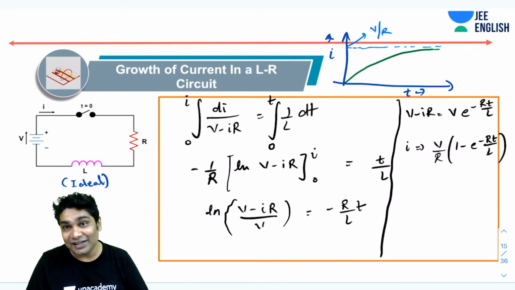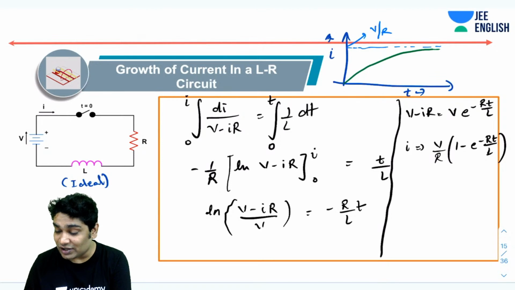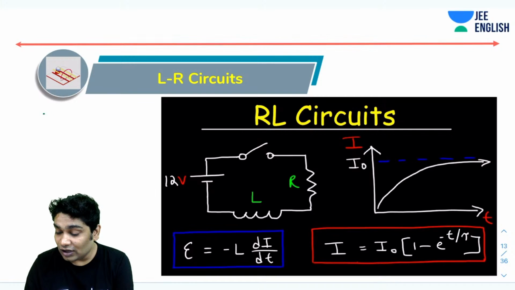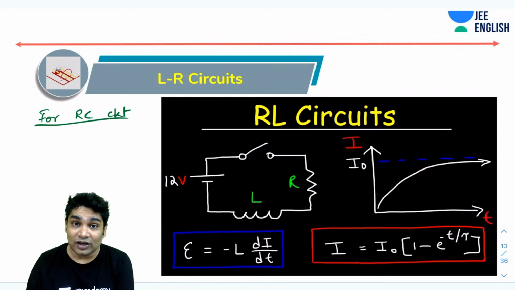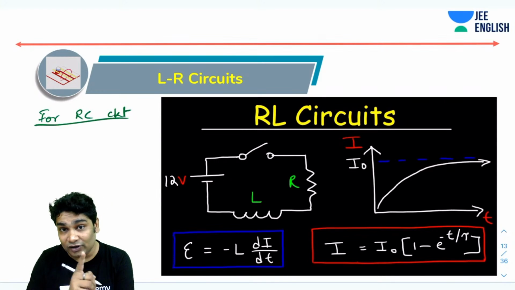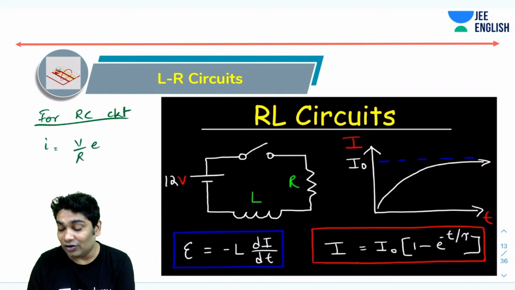If you remember the equation of the variation of current in an RC circuit, the current would have started from V over R and it would have dropped down to zero. So it would have been V over R times e to the power minus t over tau. We used to write something like this.